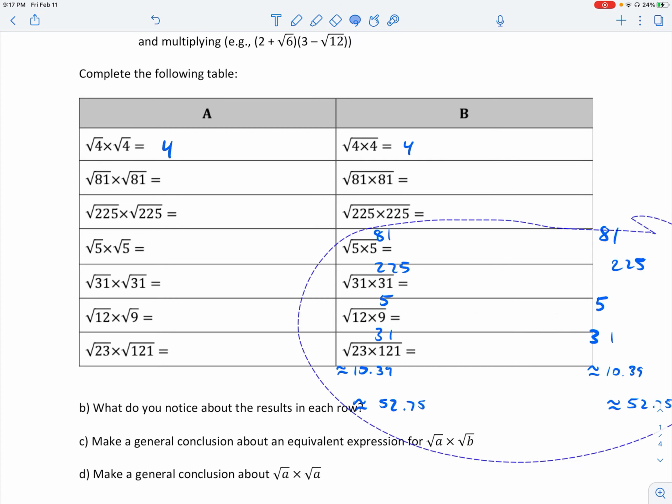Okay, so we can see here that these cancel out in the middle, and these also work out pretty nicely too. Root 4 is just 2, and root 9 is just 3. So we end up with just 8 minus 27, which is going to be negative 19.